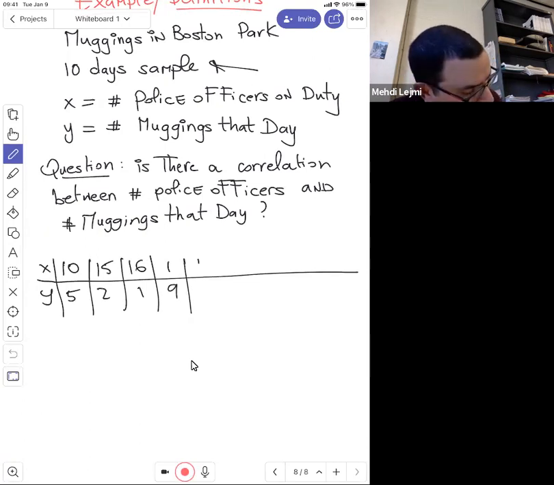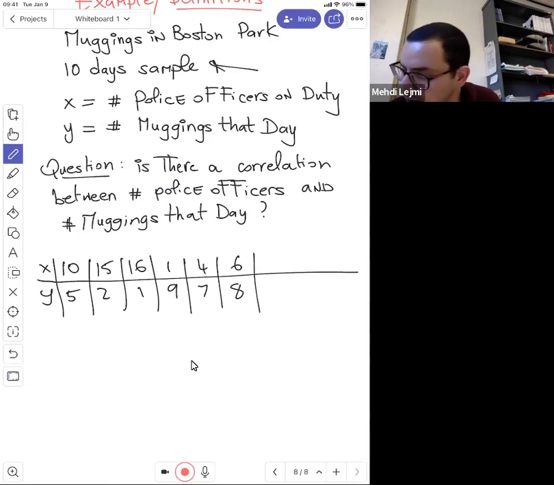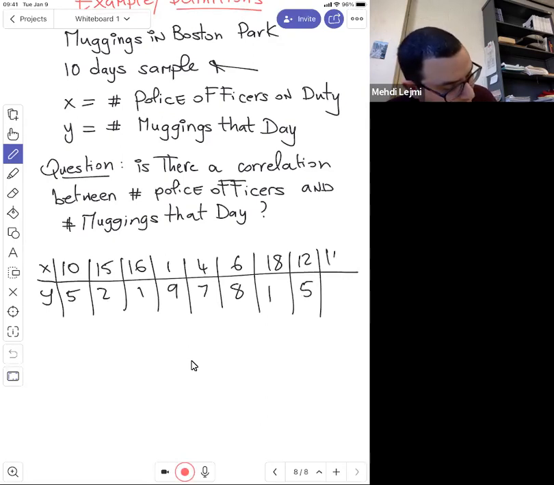Then next day, we have 4 police officers, 7 muggings, 6 police officers, 8 muggings, and then 18 police officers, and just 1 mugging. 12 police officers, 5 muggings that day, 14 police officers, and 3 muggings.